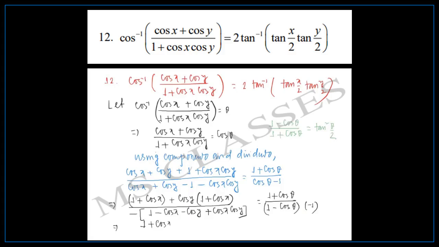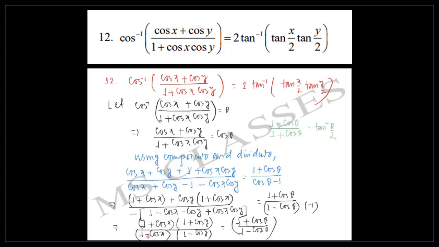1 plus cos x into 1 plus cos y by 1 minus cos x into 1 minus cos y equal to 1 plus cos theta by 1 minus cos theta. This is what.